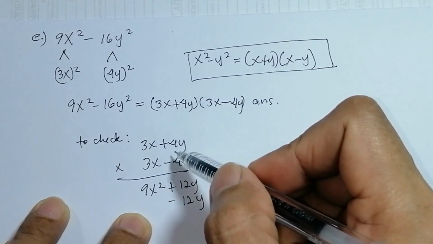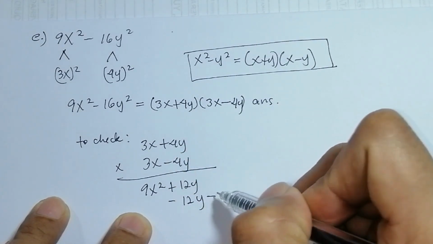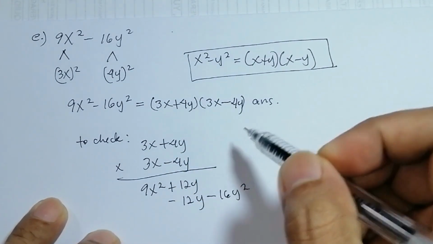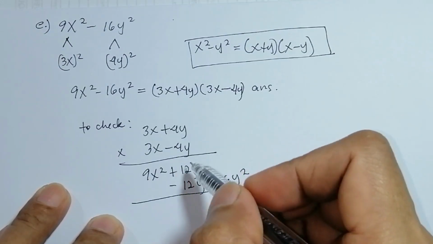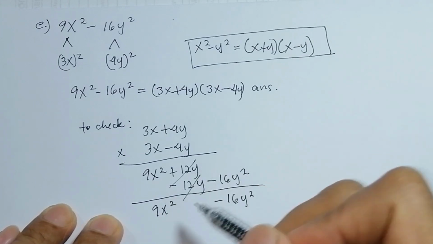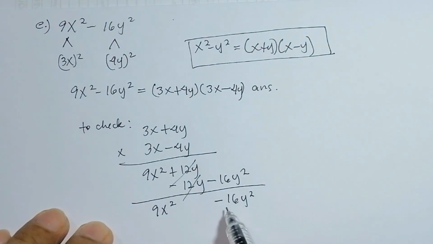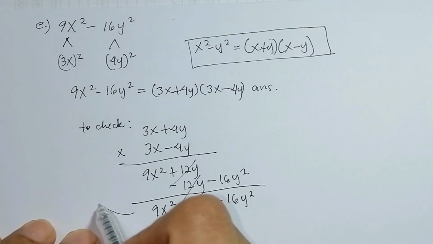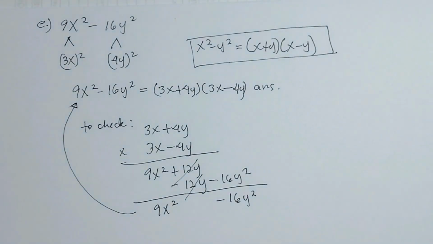And then positive 4y times negative 4y, this will be negative 16y squared. So the middle terms will cancel out, and then bring down 9x squared. So 9x squared minus 16y squared is the same as the original expression.